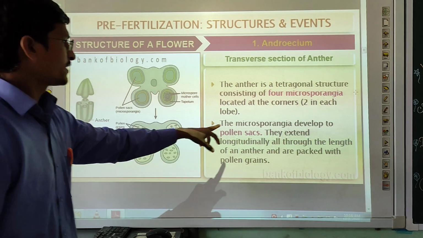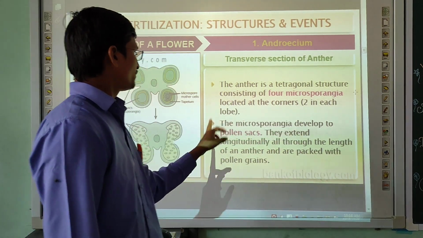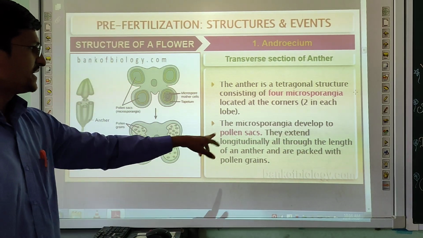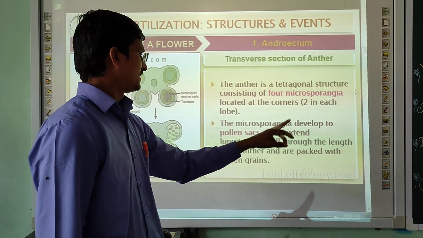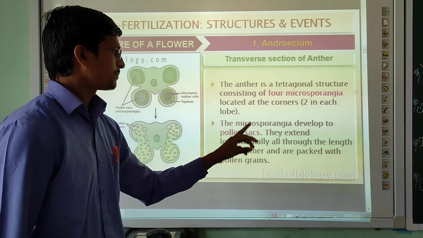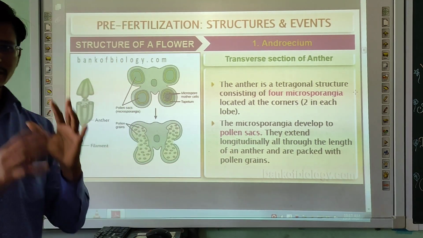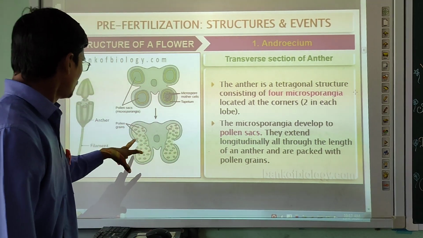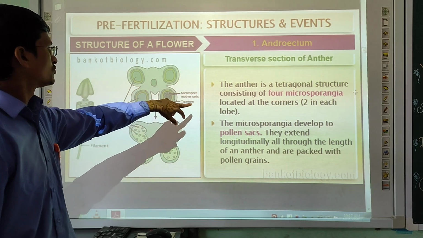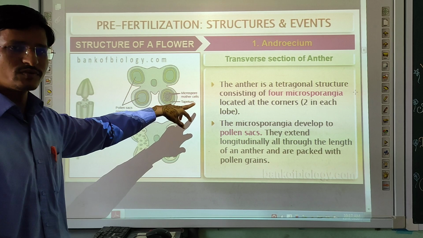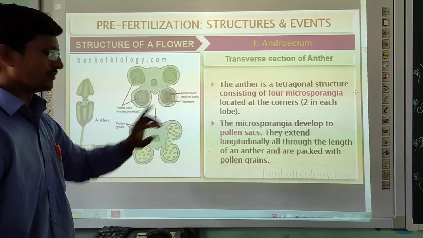These microsporangia develop into pollen sacs, and they extend longitudinally all through the length of an anther and are packed with pollen grains. So inside, the pollen grains will grow. These are the sacs, and inside are the microspore mother cells, and the tapetum.